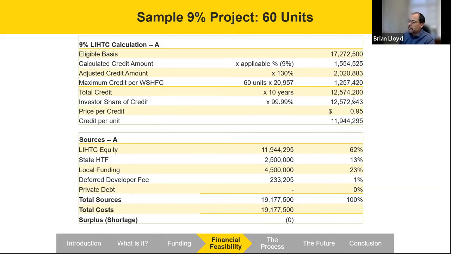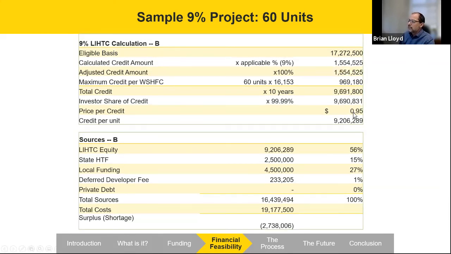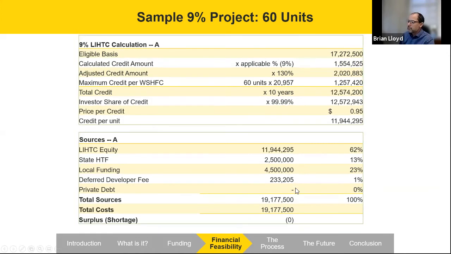Then the combination of those calculations will tell you your annual credit amount, your 10-year credit amount, multiply that by your price, and you get $9.2 million. So in this particular project, that results in an 11.9 million of equity layered in with your state and local and deferred fee, and you have a balanced pro forma.